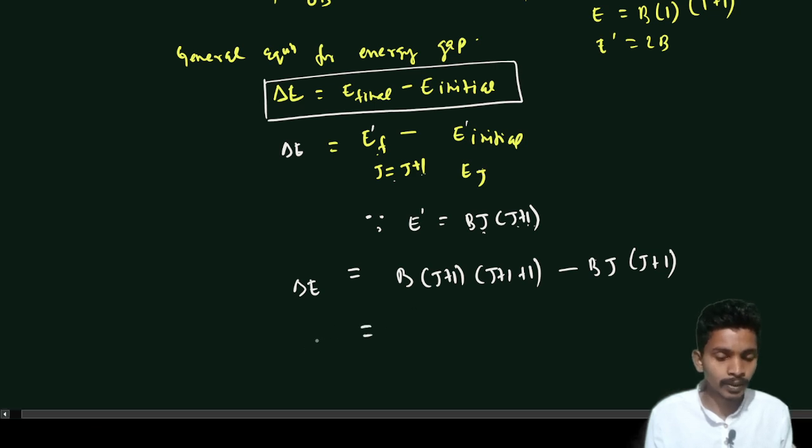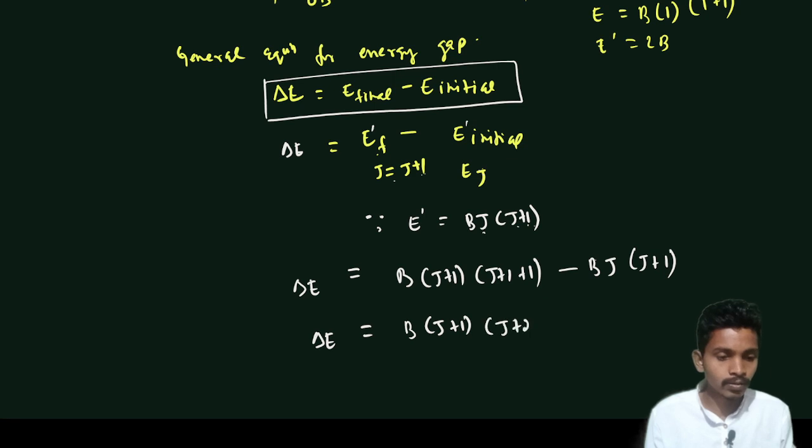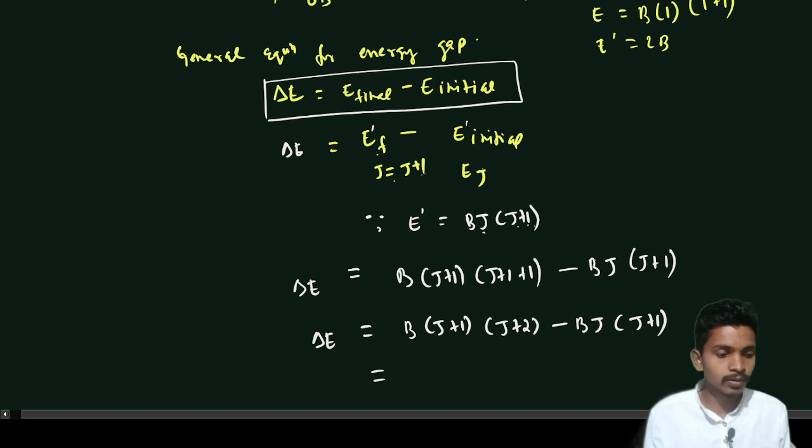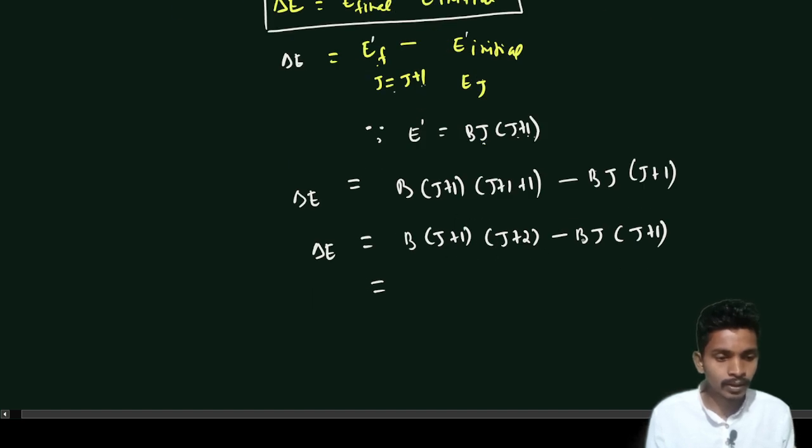So this value if I write here, then we can get this is B(J+1)(J+2) minus B J(J+1). If you subtract it, you see that B J plus 1 is common, so I will take B(J+1) as common. Then what is remaining?